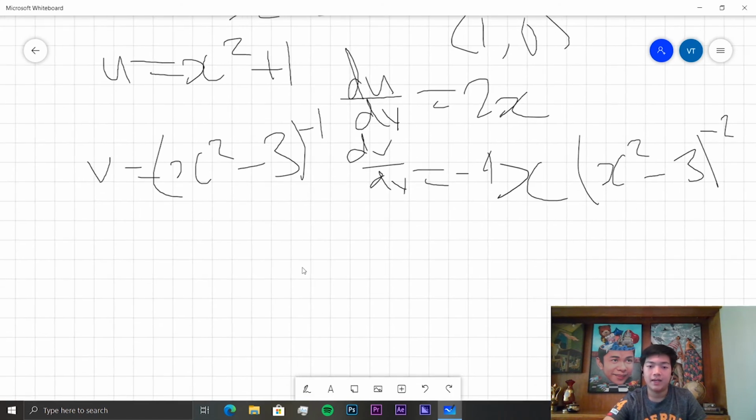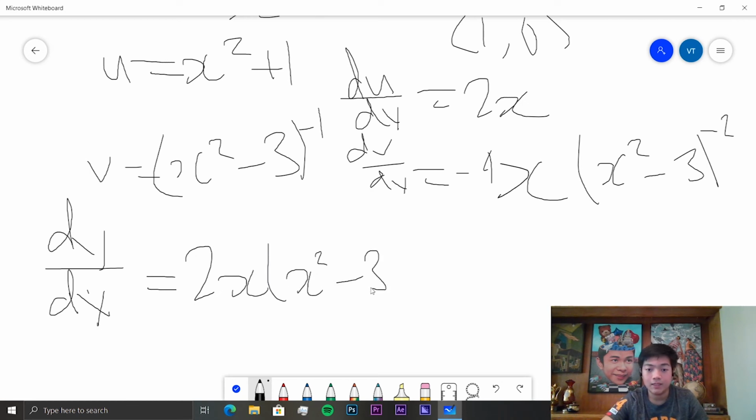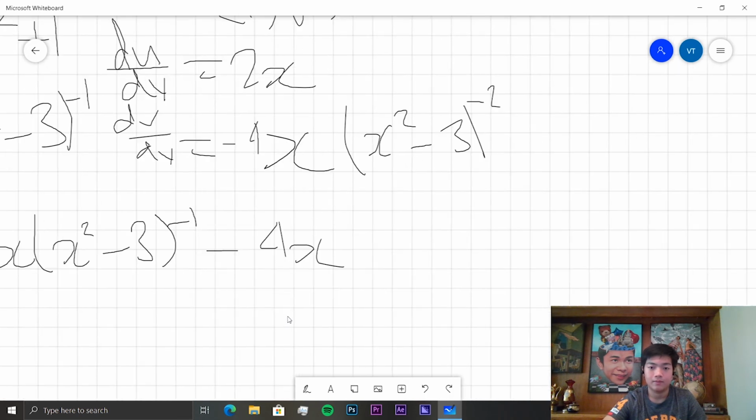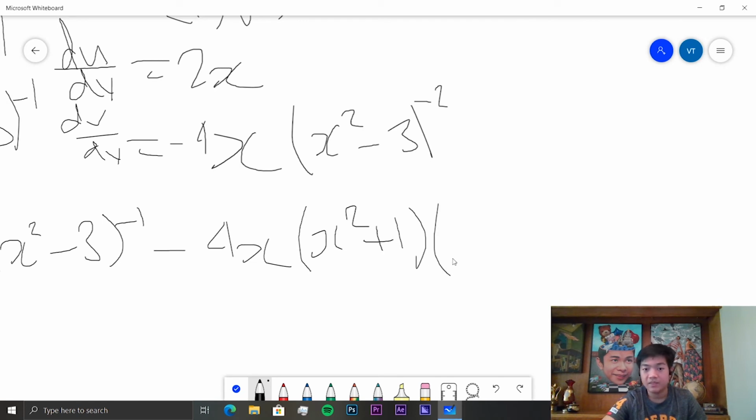So we would have dy over dx is equal to 2x times x squared minus 3 to the negative 1 minus 4x times x squared plus 1 times x squared minus 3 to the negative 2.